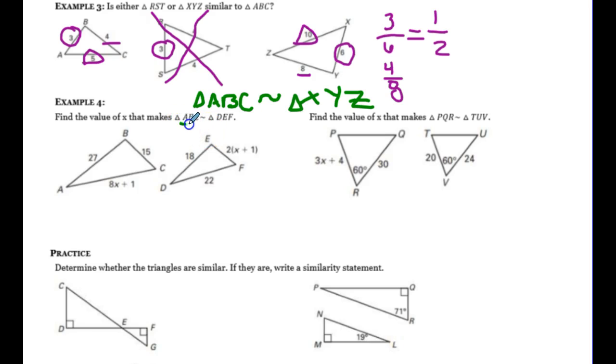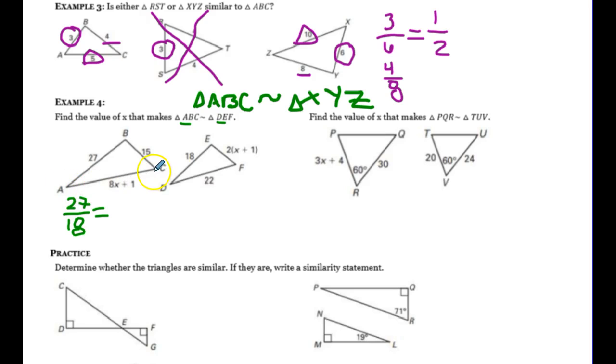Now, they've told me that AB is in proportion with DE. So I'm going to go ahead and say that 27/18, that's one of my proportions. Now, I need to make sure that that proportion stays the same.